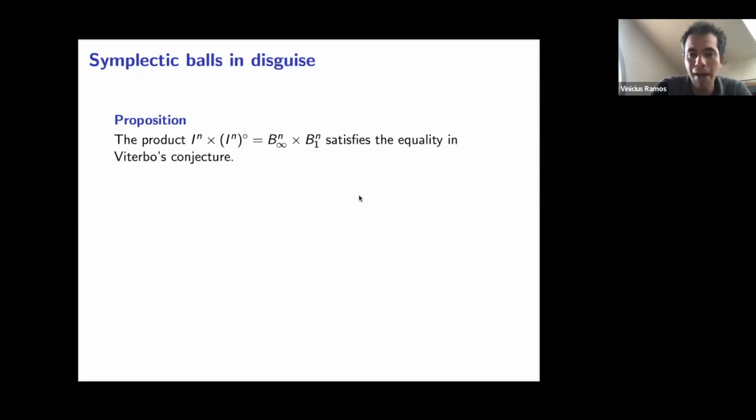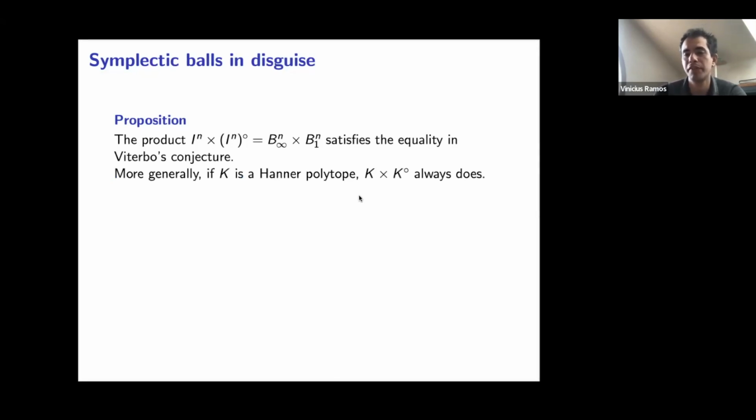If you look at the hypercube times its dual, so that's the unit ball in the L infinity norm times the unit ball in the L1 norm, that satisfies the equality of Viterbo's conjecture. It's basically the same calculation that for K equals the hypercube satisfies equality in Mahler's conjecture. And more generally for a Hanner polytope, the product of K and the polar of K also does.